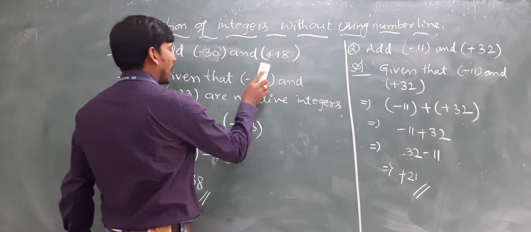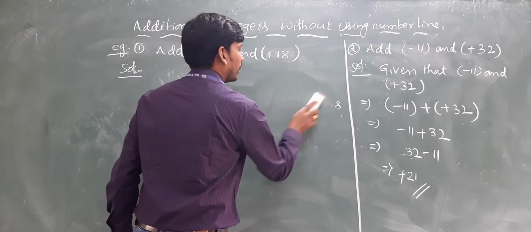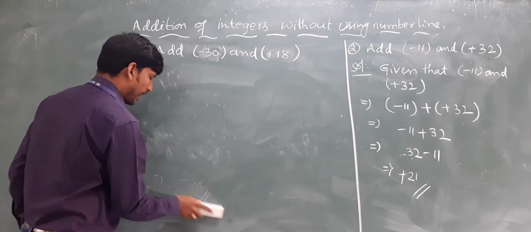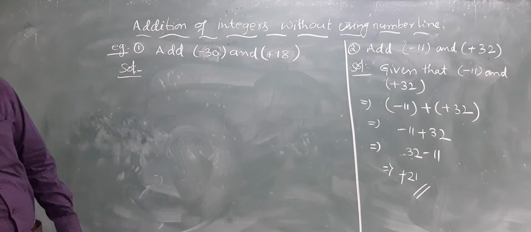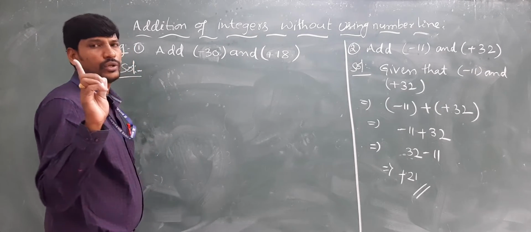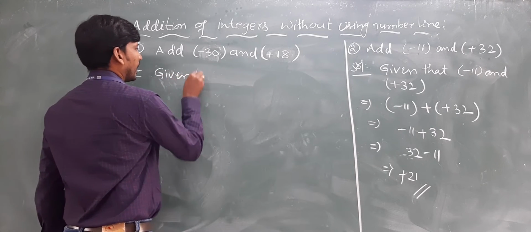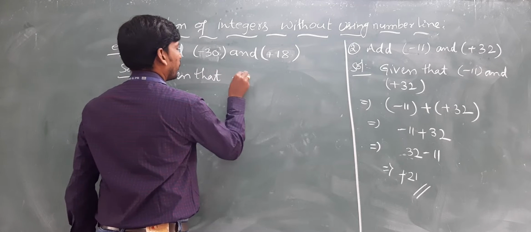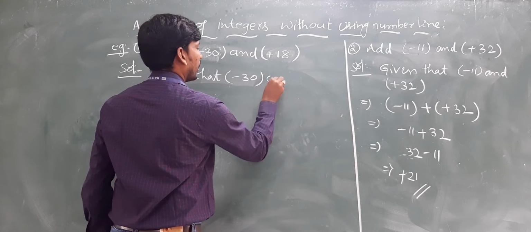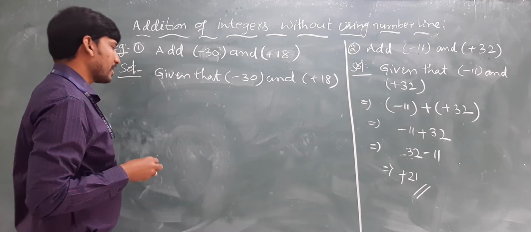So what are the given integers? See this here, observe. One is positive, one is negative. Whenever we get one positive and one negative, keep it in mind always, we need to do subtraction. Now, given that minus 30 and plus 18.